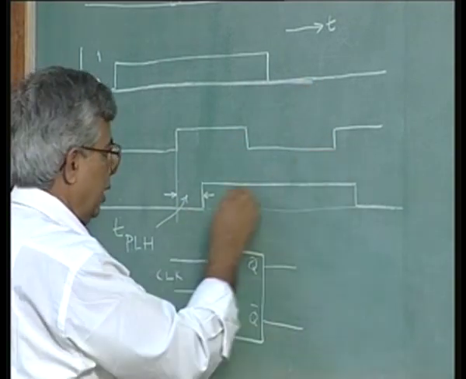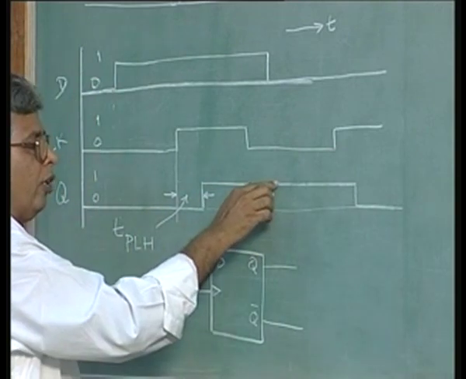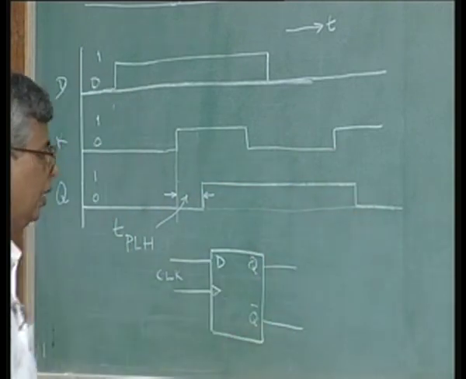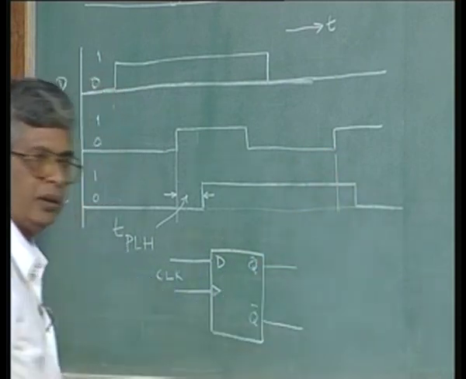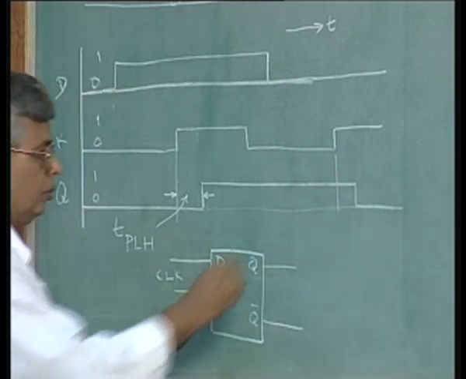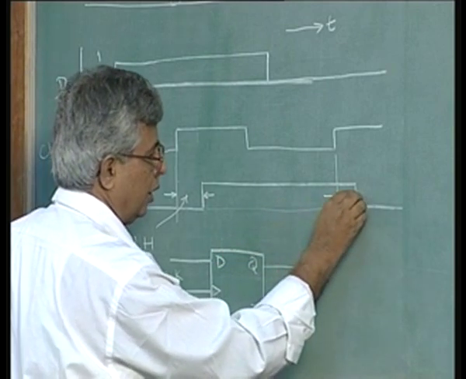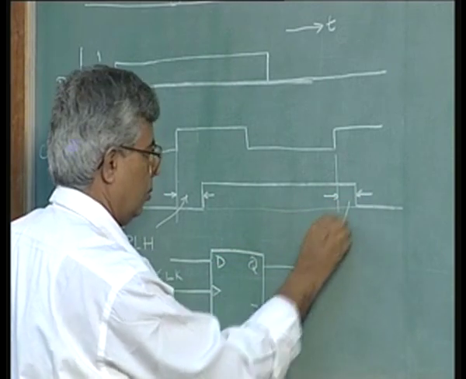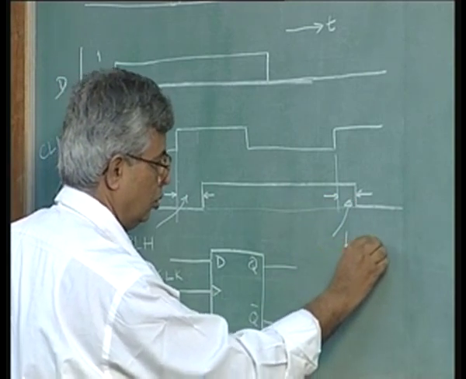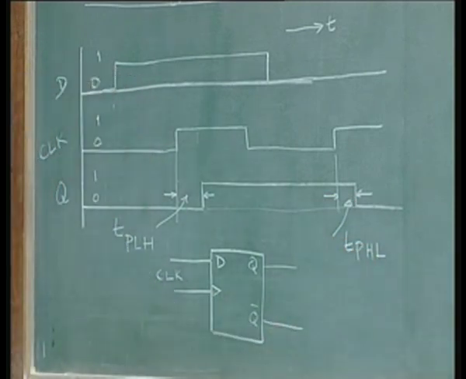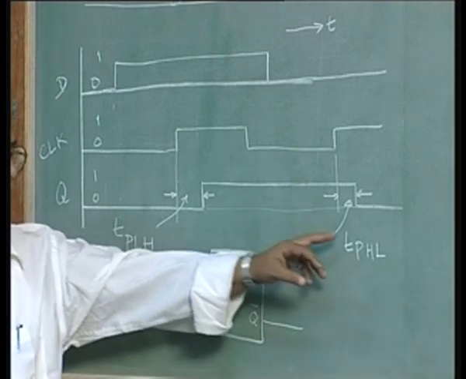That means the output Q will go from 1 to 0, again not immediately, with a little delay, called in this case TPHL. Propagation delay corresponds to the transition from high to low.